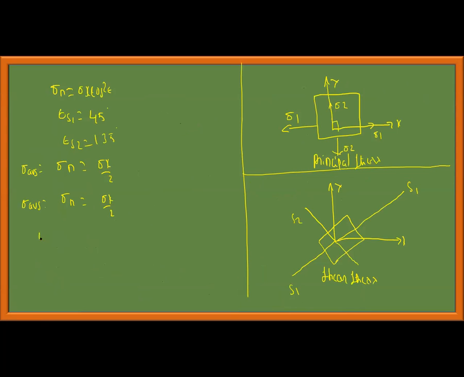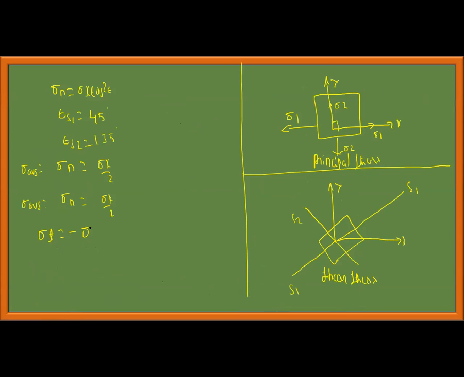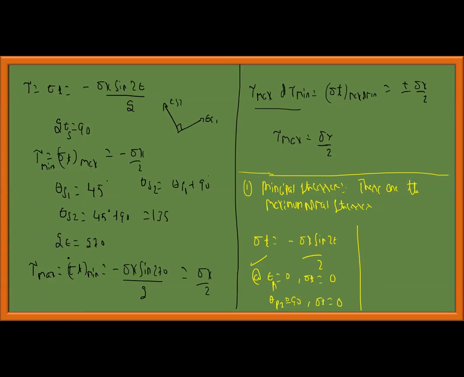Sigma t is given by... I want to know whether this tau, this sigma t, is acting clockwise, like downward or upward. In order to know the sign, I will substitute. Sigma t is given by minus sigma x sine 2 theta by 2. I will substitute the value of theta s1.